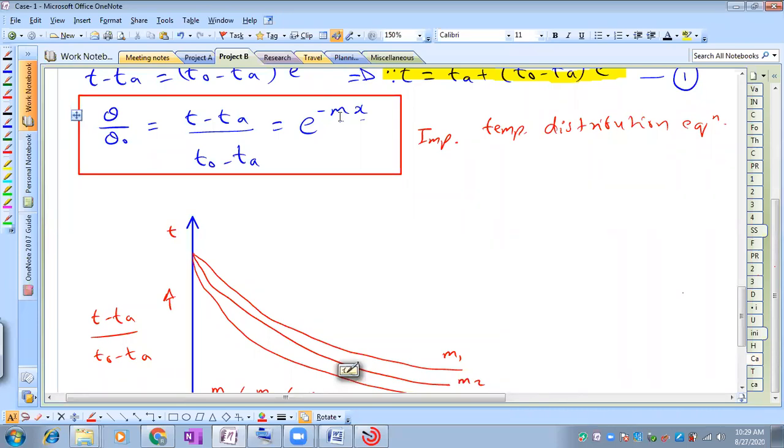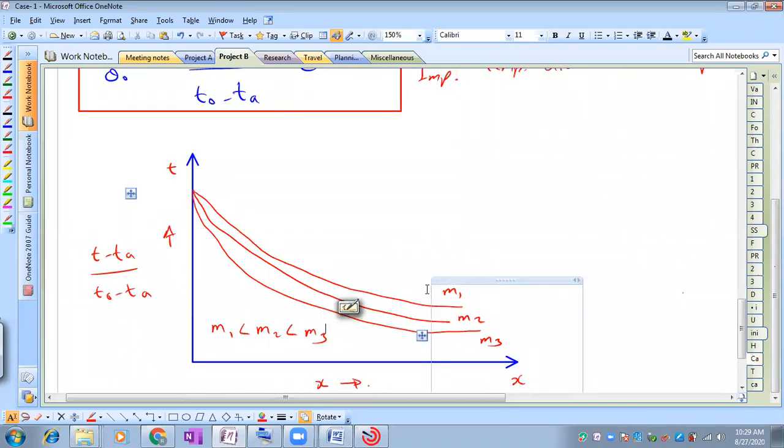If the value of m is less than infinity, it means that we have some values. So here three values of m are compared, m1, m2 and m3, where m3 represents the maximum value. For the maximum value of m, there will be a maximum dimensionless temperature drop. If there is a low value of m, there will be a low temperature drop.